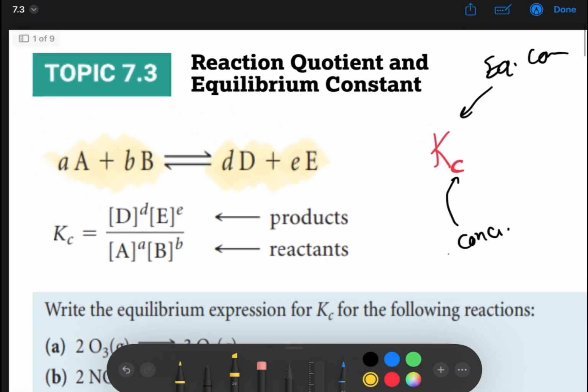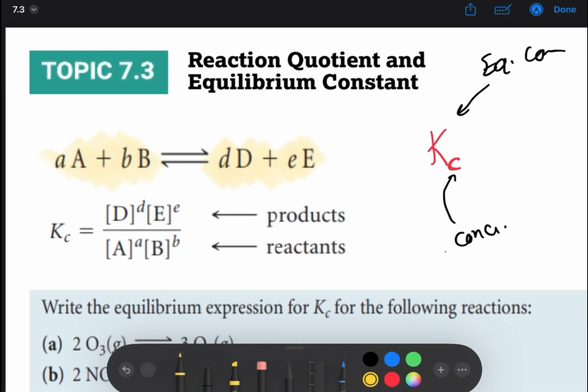If you look at this equation, you can see that the coefficients of the products and the coefficients of the reactants are changed into powers of the concentrations. The expression of Kc represents concentrations, and they are written in square brackets. So once you find square brackets, you're dealing with concentrations.